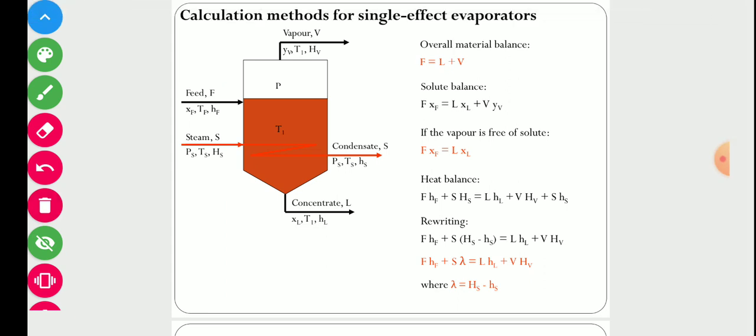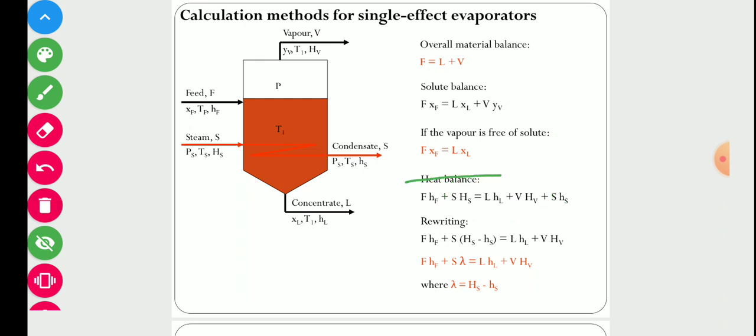On the left hand side is the amount of energy into the evaporator, and on the right hand side the amount of energy out from the evaporator. So this one is due to feed, and this one is due to steam. Again this one is due to concentrate, this one is due to condensate, and this one is due to vapor.